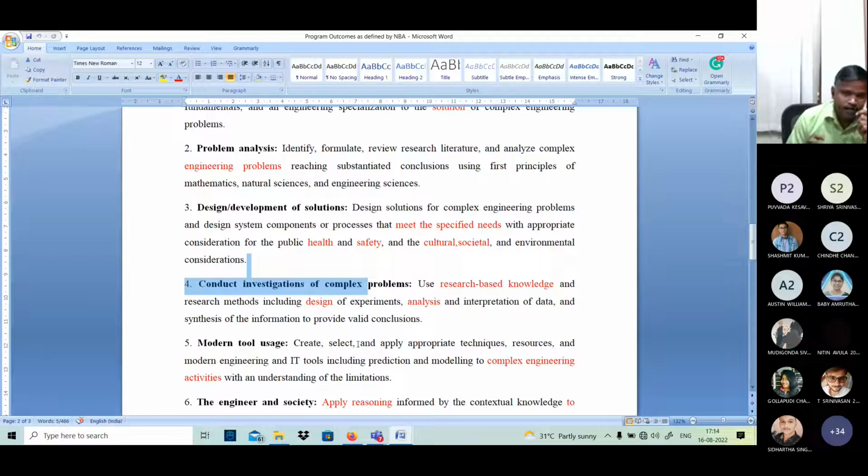That means he can analyze the problem in depth, based on his research knowledge. So based on that, he can conduct the investigation in depth about a particular problem and is able to provide the solution. That is the meaning of fourth program outcome.